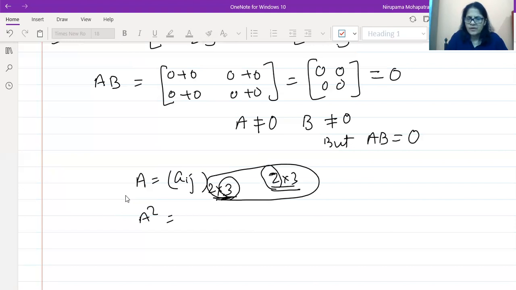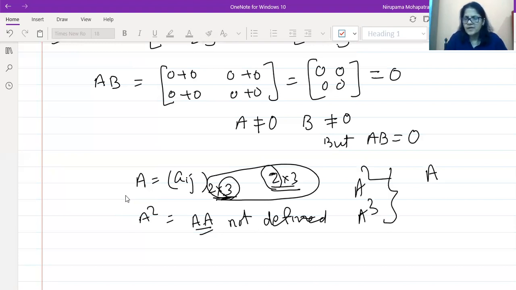So you cannot find here A into A, it will not be defined. So while getting A square, A cube, in all these cases, A should be a square matrix. Okay, so that is one thing I just wanted to clarify.